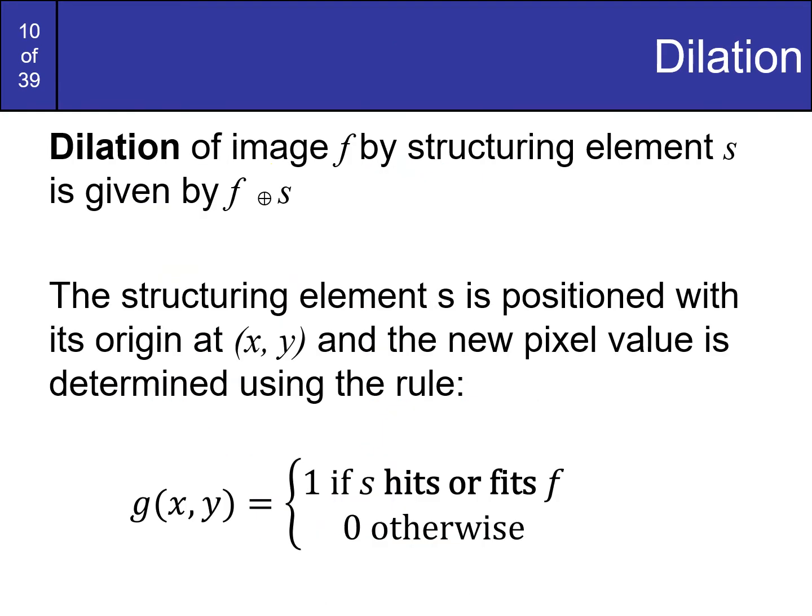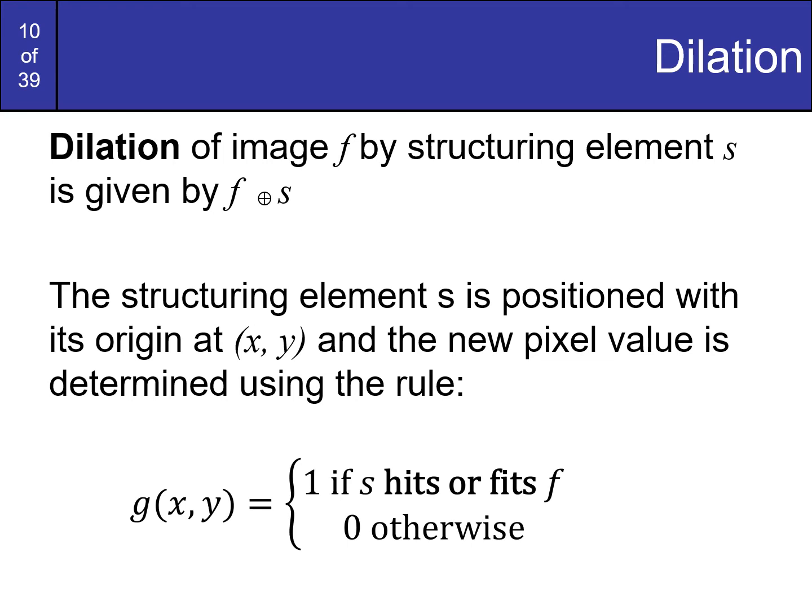Okay, in dilation, the dilation of image F by structuring element S is given by F plus circle S. And again, F is the image, S is the structuring element. The structuring element S is positioned with the origin at XY.